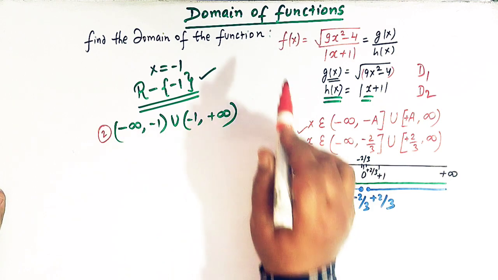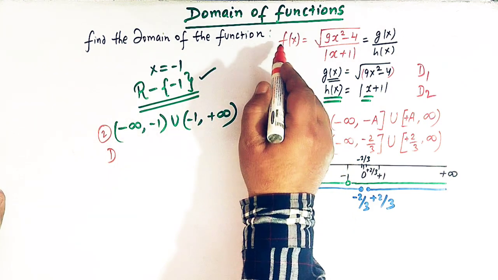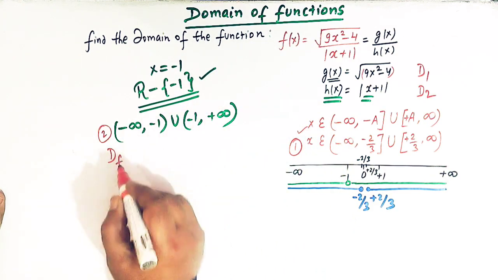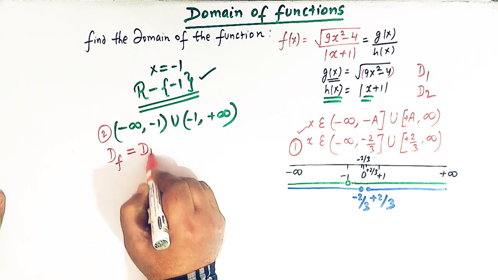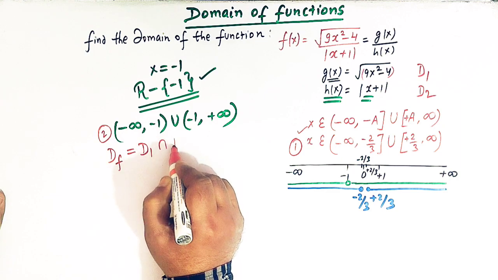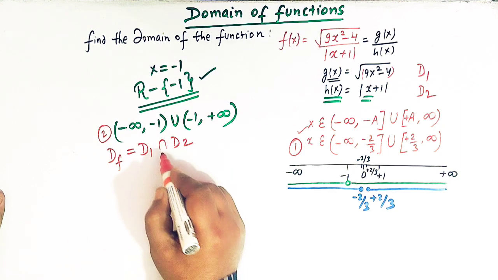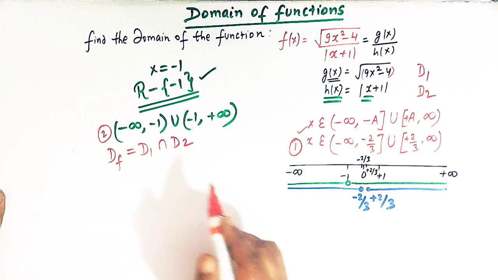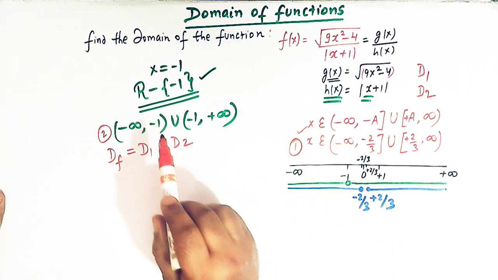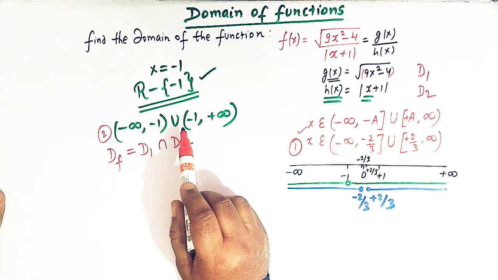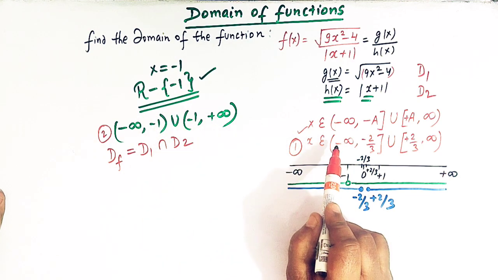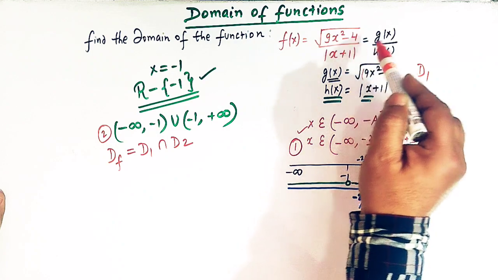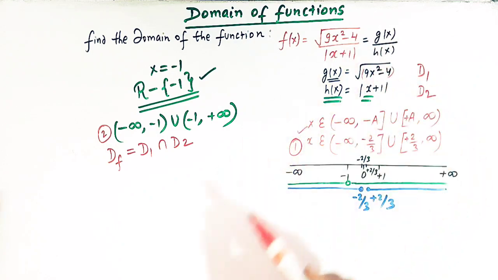So the domain of the function f of x is denoted by Df, and Df is given by the intersection of D1 and D2, right? The intersection means we consider only the common values of x satisfying both the functions g of x and h of x simultaneously.